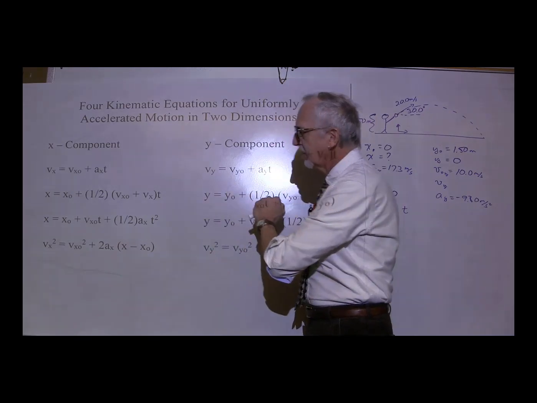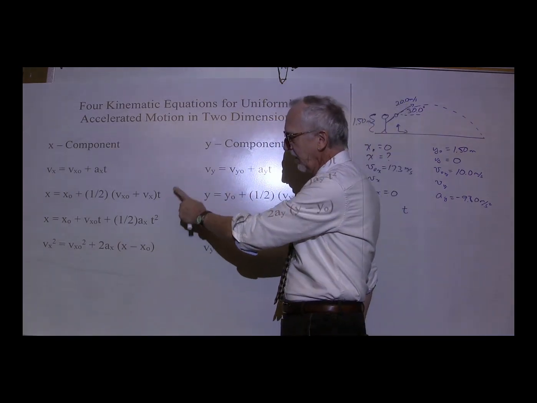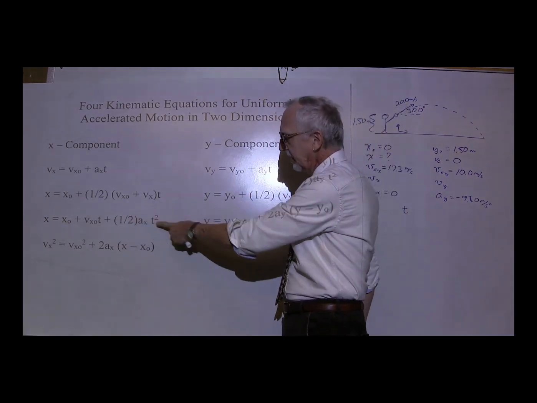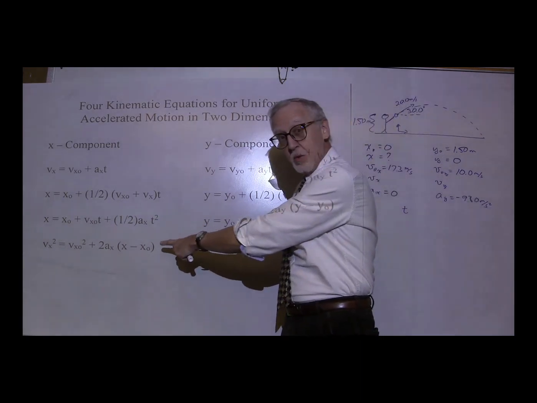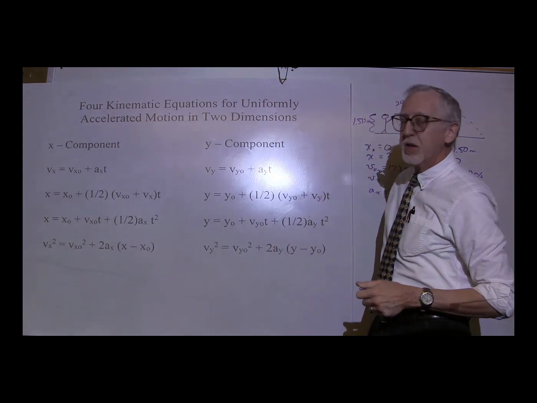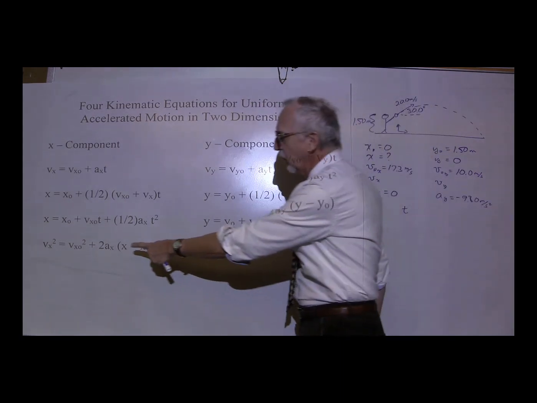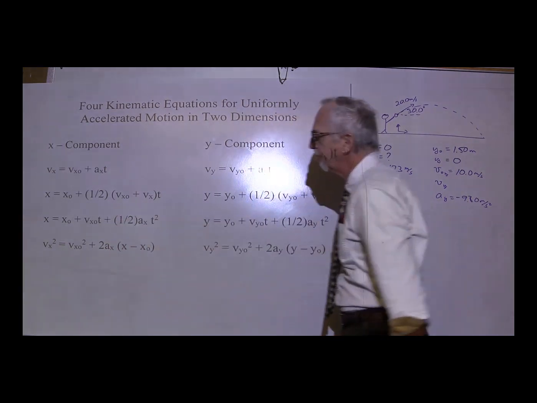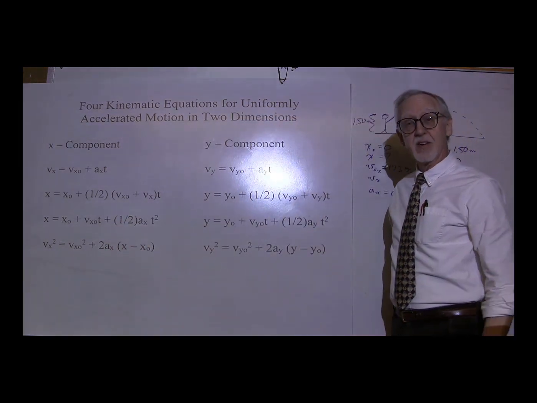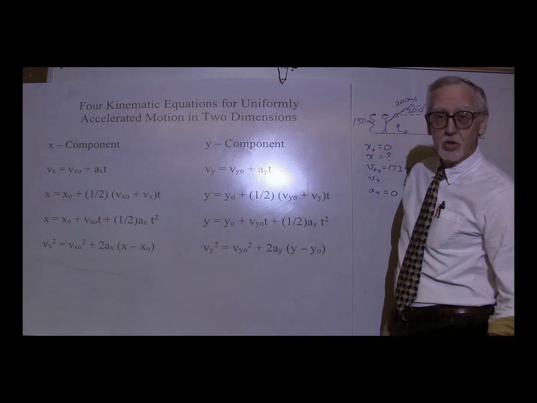There is an x in the second equation, but we don't know t. There is an x in the third equation, but again, we don't know t. We might think, once again, that we could use the fourth equation to find x, but a sub x is 0, and that's going to make this whole term equal to 0, and so we can't find x that way. So what are we going to do?